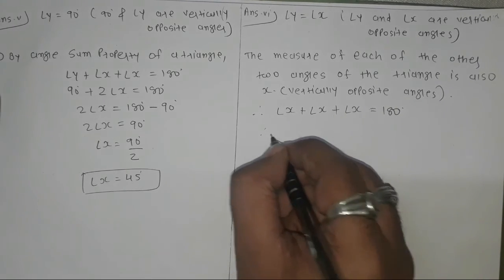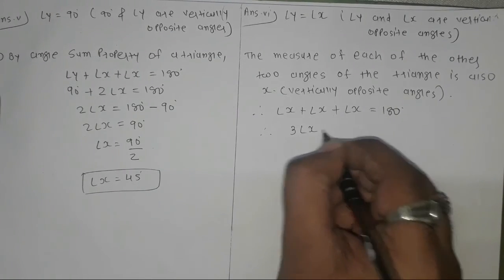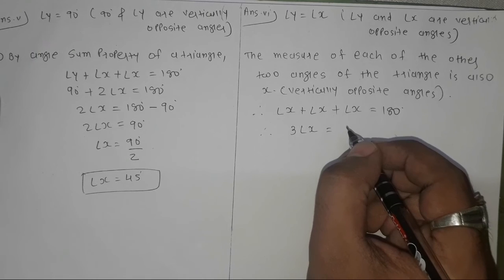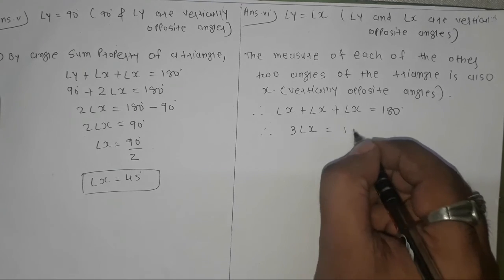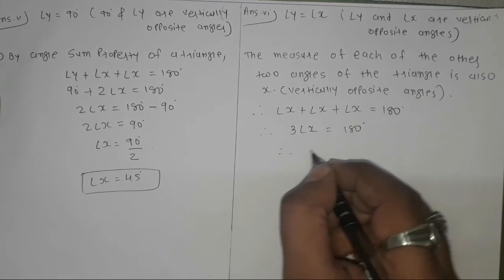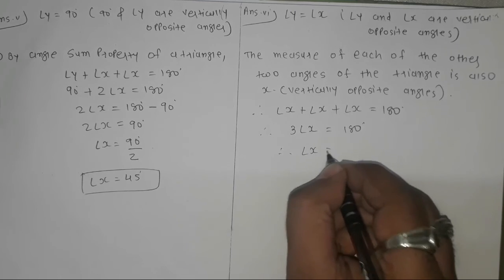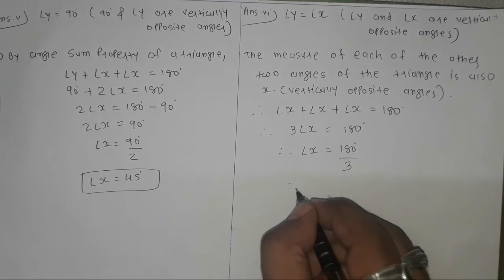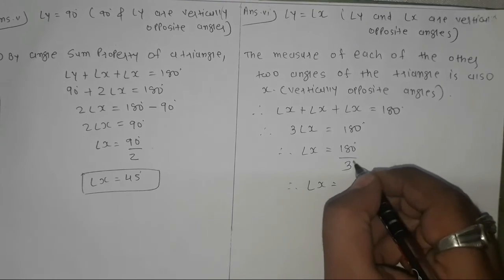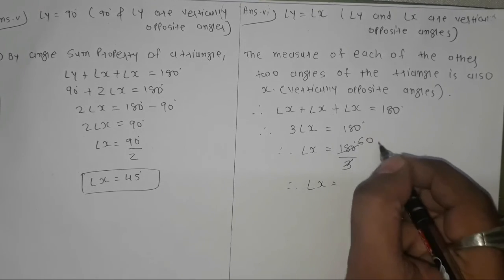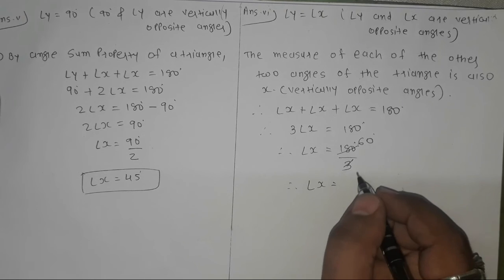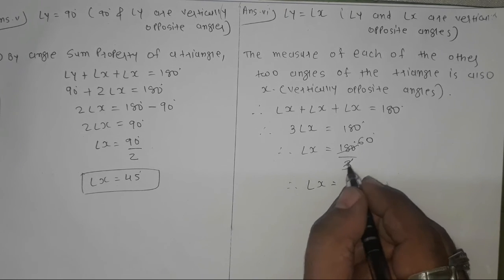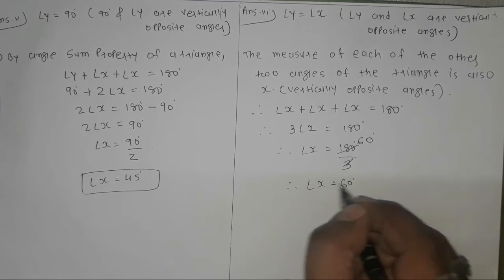Now angle x plus angle x plus angle x is equal to 3 angle x, equal to 180 degree. Therefore angle x is equal to 180 divided by 3, because 3 is in multiplication, if I change its side it will come in division. So 3 sixes are 18 and 0 is there, so angle x is 60 degree.